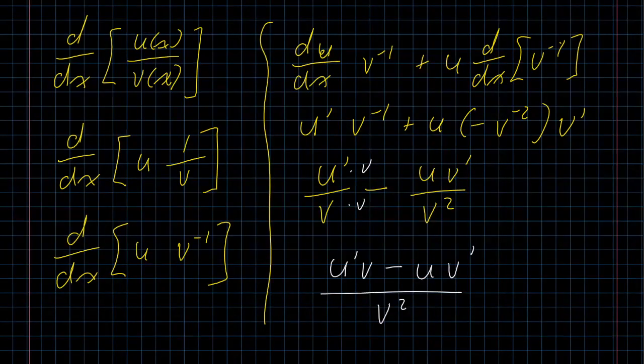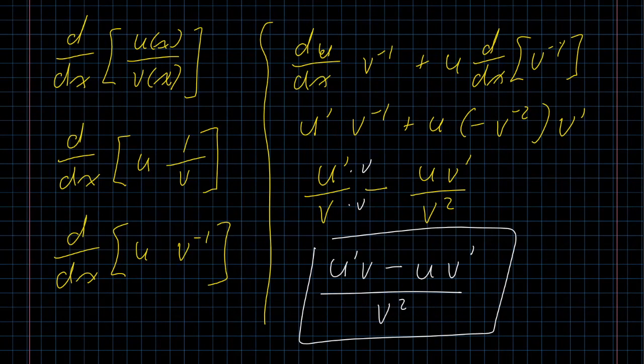And that's the form that's generally given to us for the quotient rule. The derivative of u over v is u prime v minus u v prime over v squared. Notice in the numerator, that's the same form that we had for the product rule. I just switched addition for subtraction. I then made things more complicated by putting a v squared in the denominator.